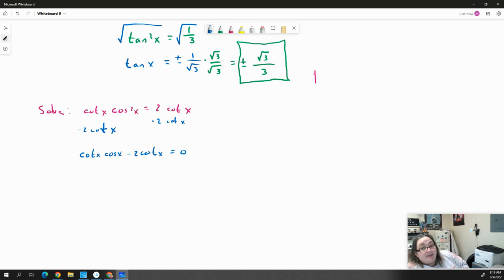I can't combine the cotangent of x to the minus 2 cotangent of x because one is being multiplied, one is being subtracted. That cotangent of x being multiplied to that cosine squared of x makes them not like terms. It's like adding an x to an xy. Does that make sense what I'm saying?